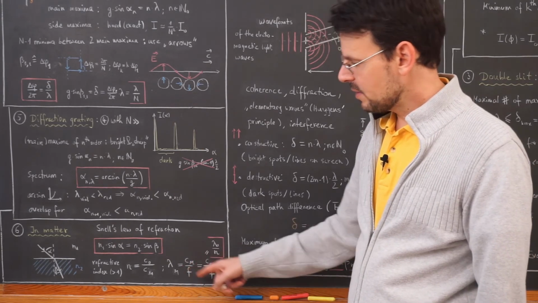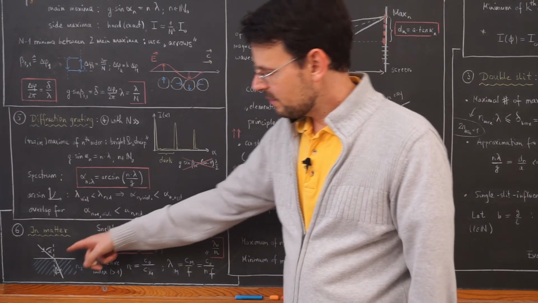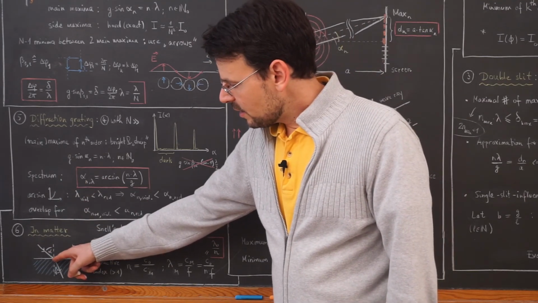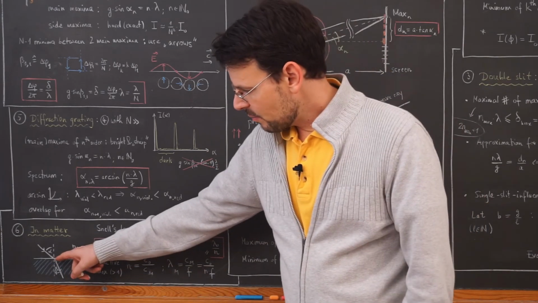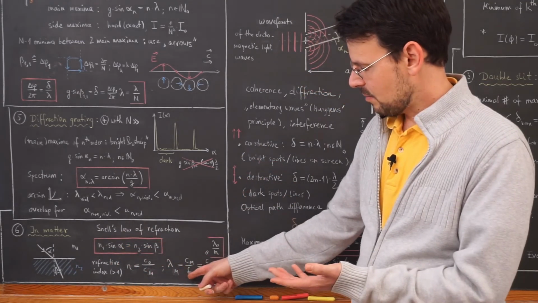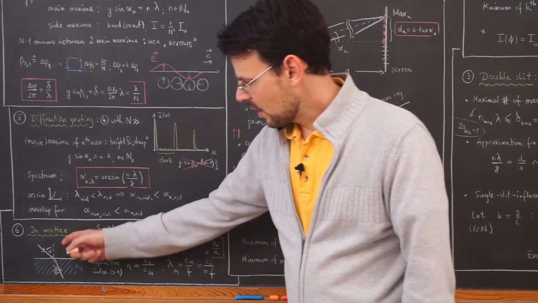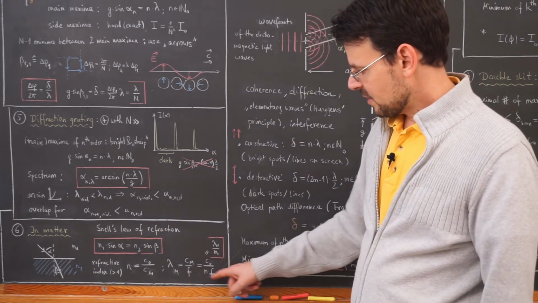The frequency doesn't change, because on an atomic level the electromagnetic field induces another electromagnetic field by wiggling the electrons of the molecules or atoms in the matter, and the frequency stays the same. So the frequency is the same in vacuum or air and in water, for example. So f stays the same.